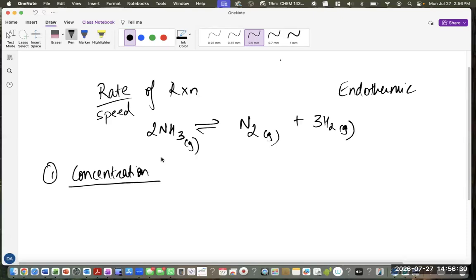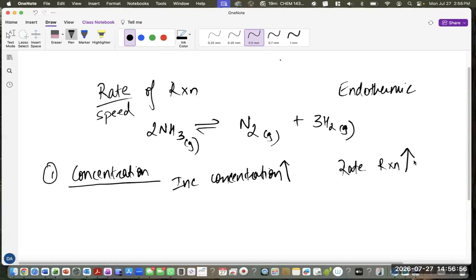So basically, if you can just increase the concentration, so how many molecules of A we have per unit volume, then the reaction rate is going to go up. So when the concentration goes up, then the rate of the reaction is also going to go up.